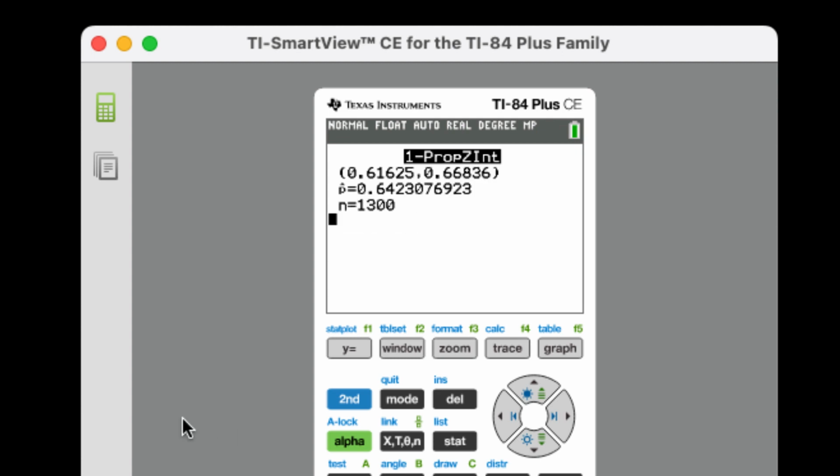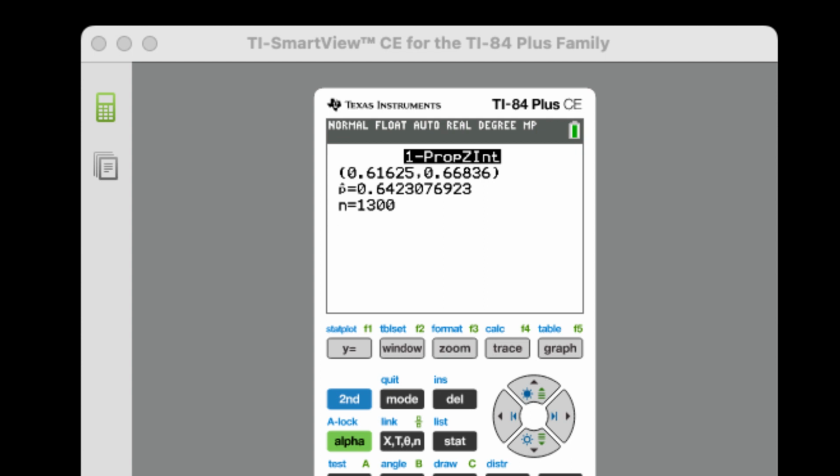What are the answers? Go to the thousandths here. 0.616 less than P less than 0.668. And I'm going to point out something. You see that second number? It's like a P with a hat.